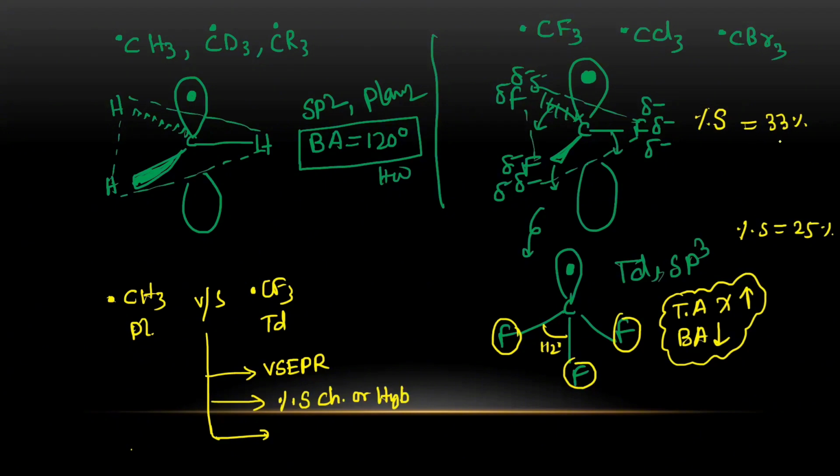Now, 33% S character means a more electronegative orbital. That means the orbitals will be more electronegative, and thereby it will face more repulsion. More S character means a more electronegative orbital, which means more repulsion, so the electrons in these orbitals will show more repulsion. But here the S character is less, so repulsion is less.